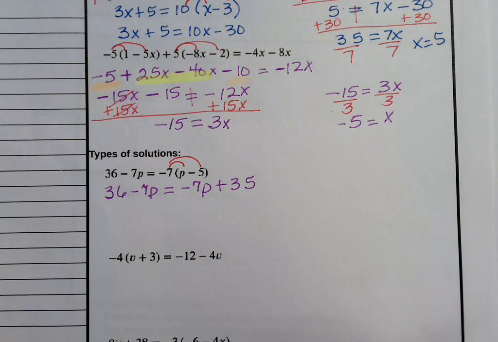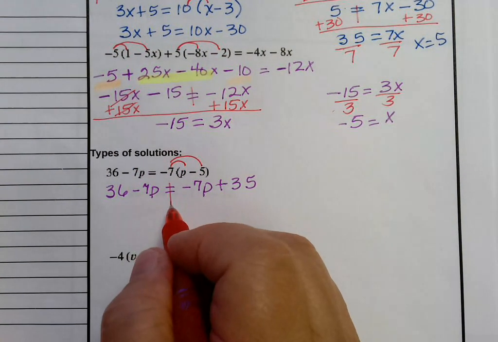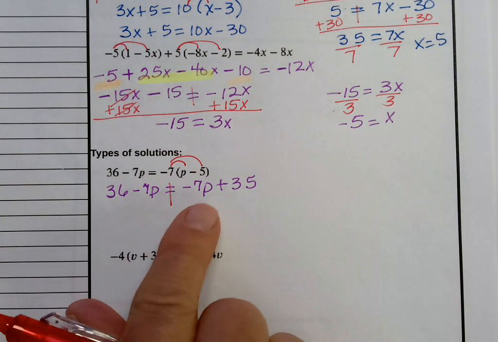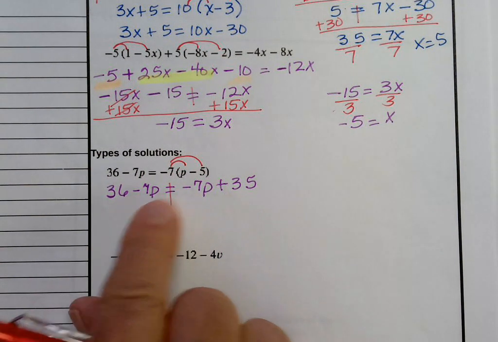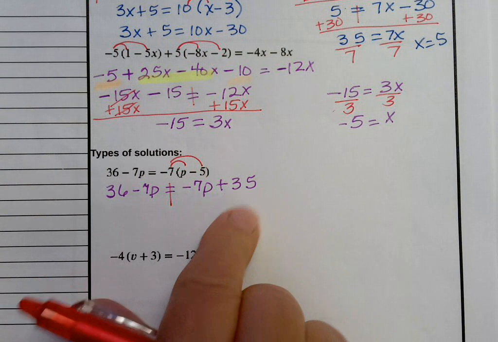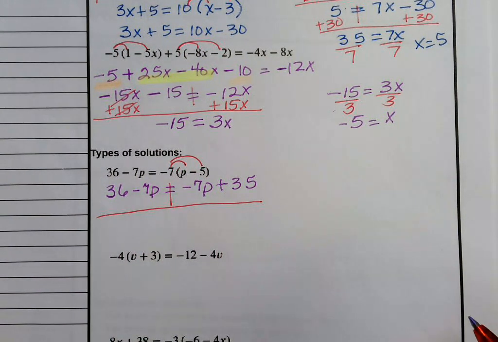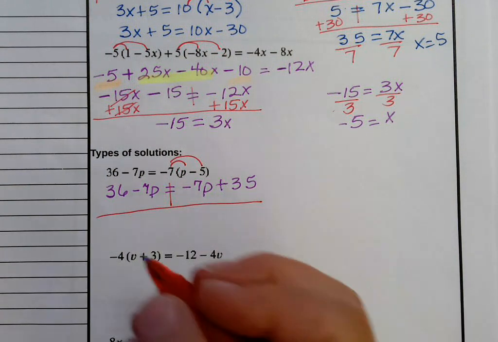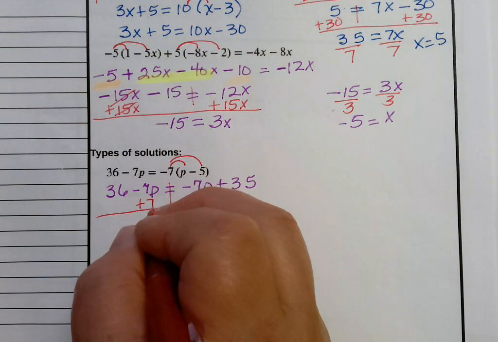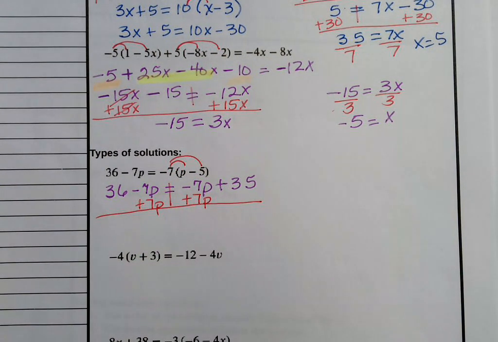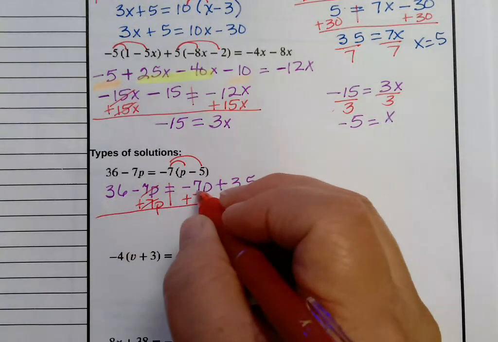Okay, so I'm going to take a minute and look. I've got -7p on both sides. This side I'm adding 36, this side I'm adding 35. Think logically. What's going to happen? Okay. Add 7p to both sides. I've got no p's left. They've been eliminated.